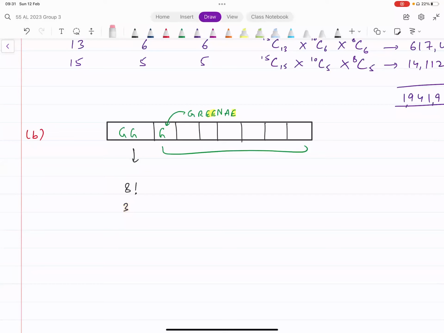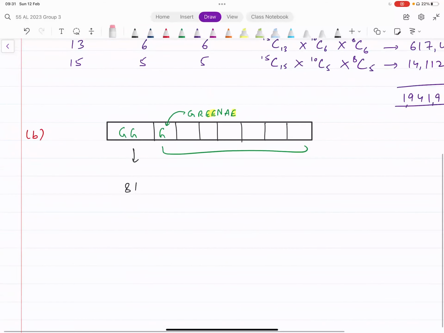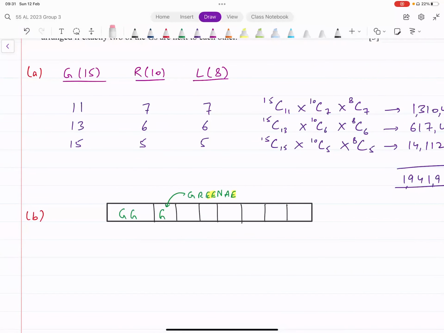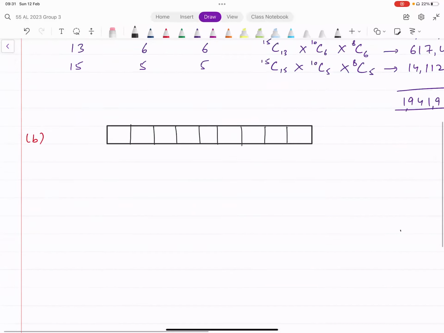All right, now one possible way of thinking about this is that you say, let's write down the possible cases we could have here. First of all, you've got 3 G's.